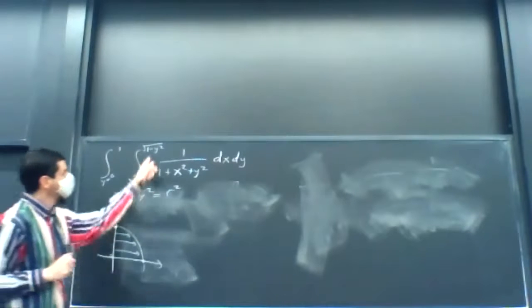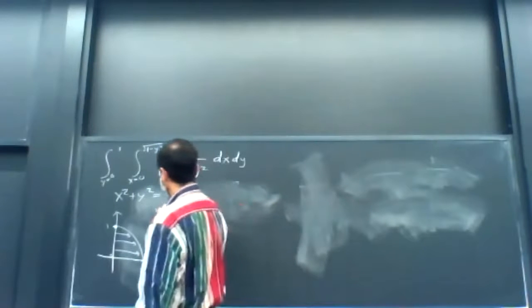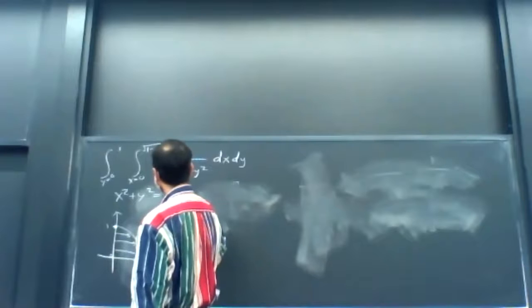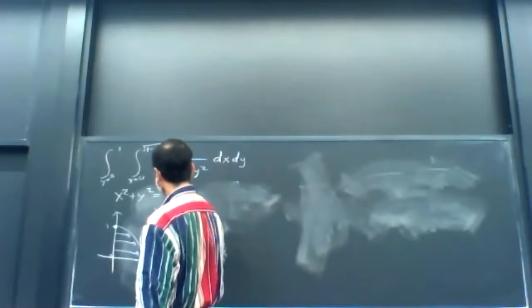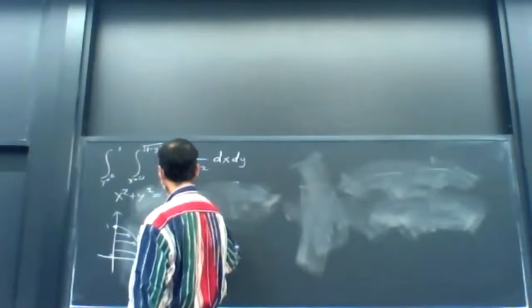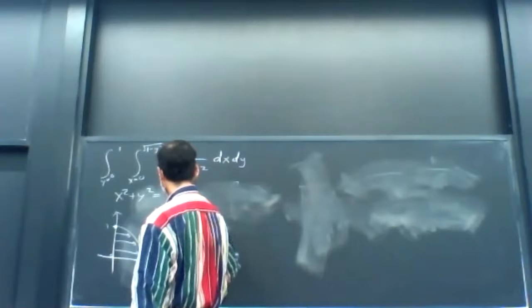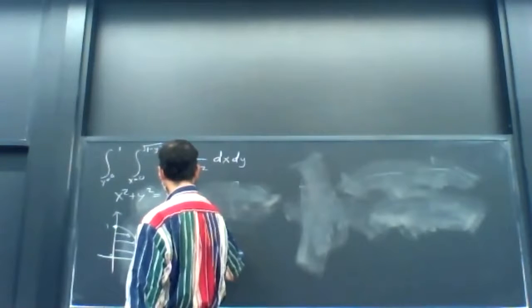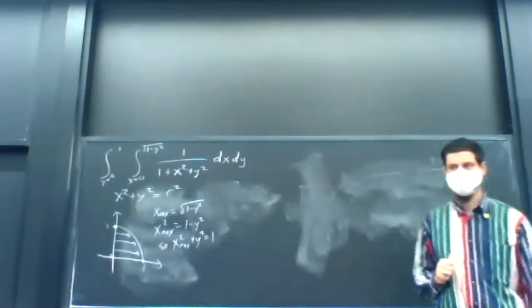And this is what the integration is going to look like. If the maximum x is the square root of 1 minus y squared, then the maximum value of x squared plus y squared is 1. Oh, we're just going on a quarter circle.